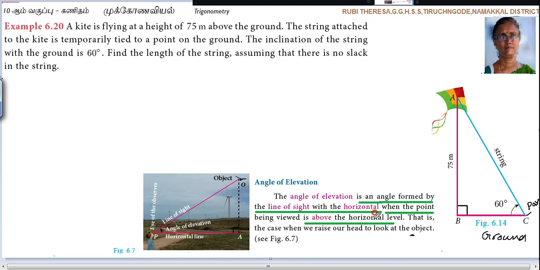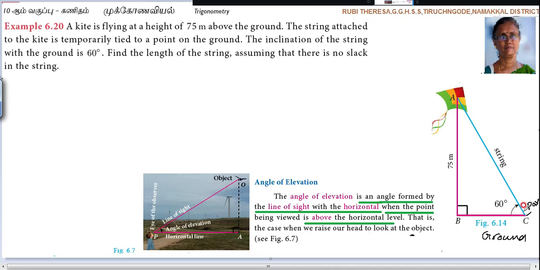First, you should know what is meant by angle of elevation. It is the angle formed by the line of sight with the horizontal. Here the line of sight is the string, because from here only the string is tied.